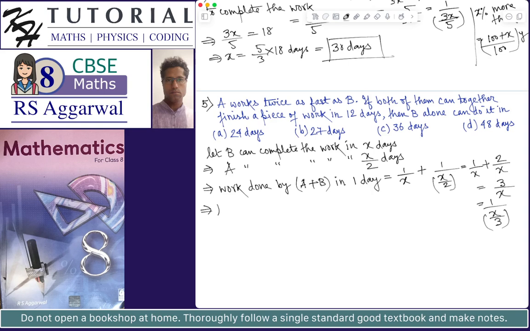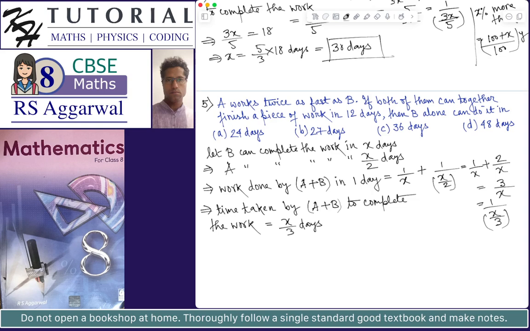So now we can say the time taken by A plus B to complete the work will be equal to X by 3 days.